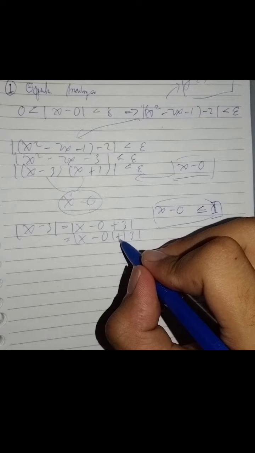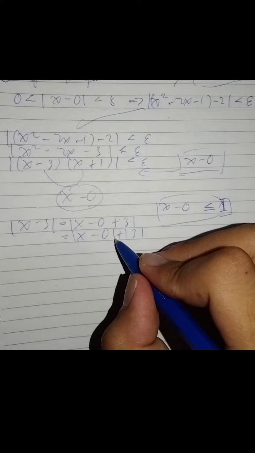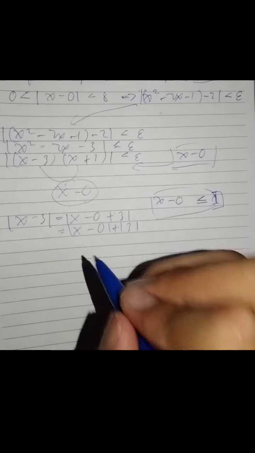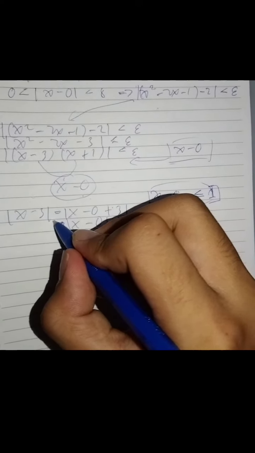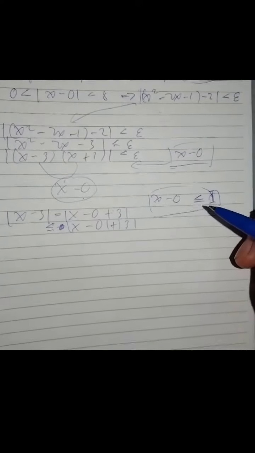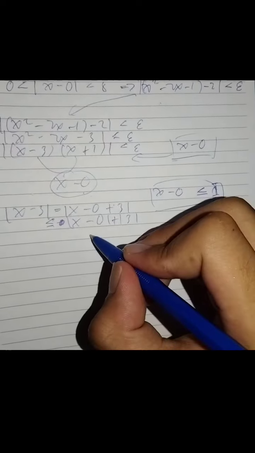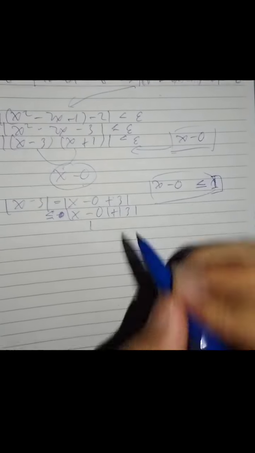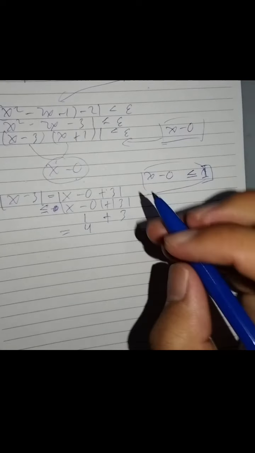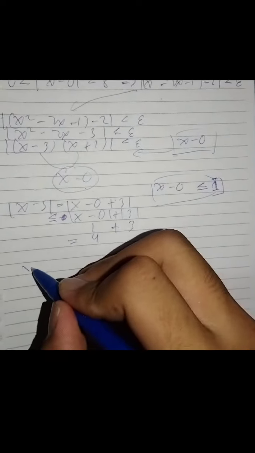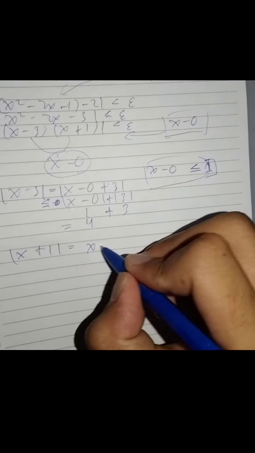Because this is the plus, in the absolute rules we must change the sign of the equality, so it will be smaller than or equal to. Okay, so x minus 0 can be written as 1, so plus 3, so it will be 4.